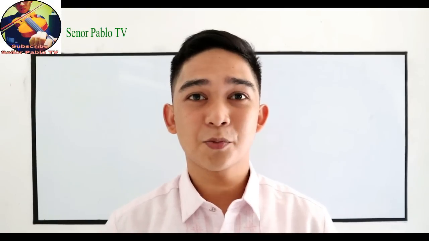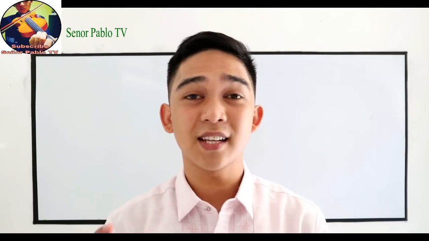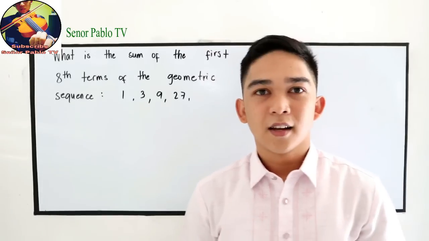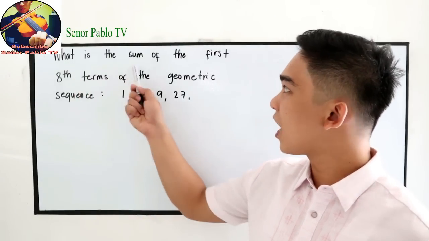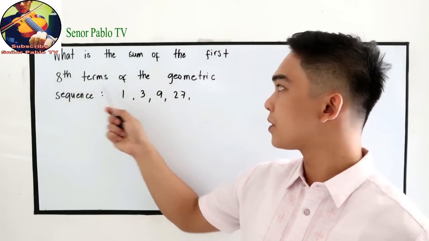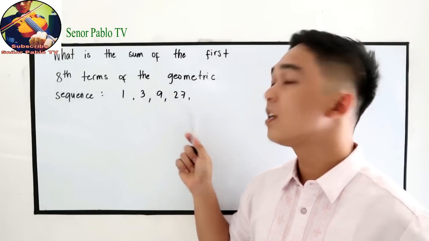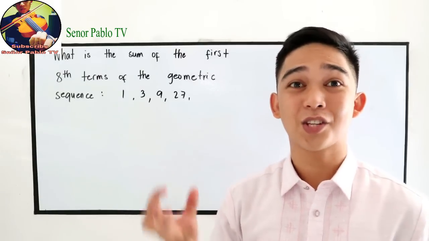And now, let us proceed to geometric series. Geometric series, it is the sum of our geometric sequence. Let us have our first example. What is the sum of the first 8 terms of the geometric sequence 1, 3, 9, 27? So, hahanapin natin yung sum niya.